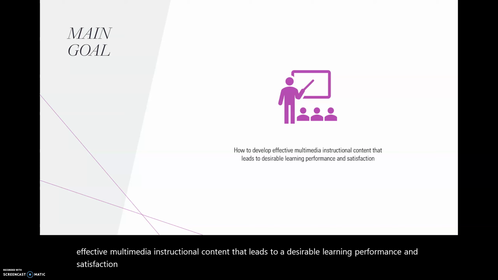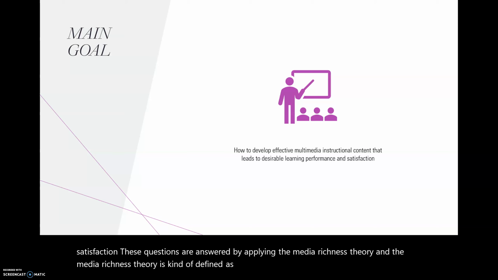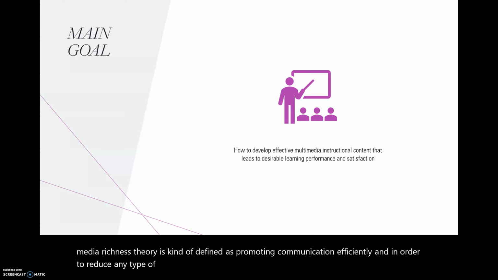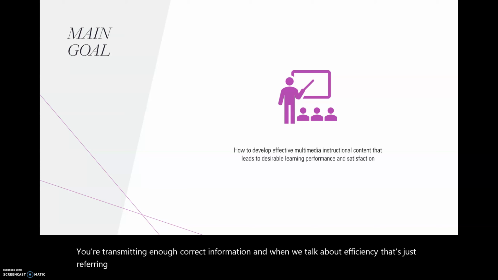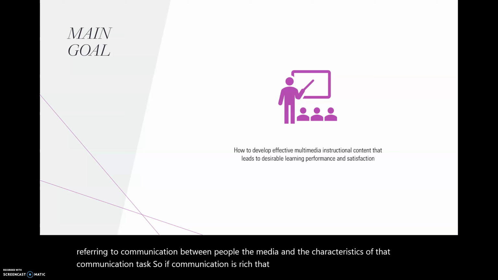These questions are answered by applying media richness theory, which is defined as promoting communication efficiently in order to reduce uncertainty and to make sure that you're transmitting enough correct information. Efficiency here refers to communication between people, the media, and the characteristics of the communication task. If communication is rich, it can help clarify and change understanding in a quick manner.